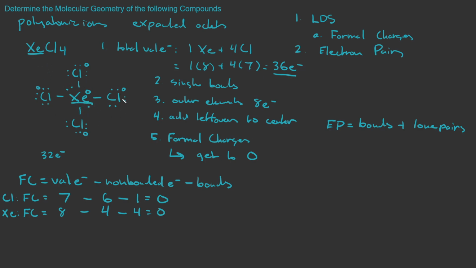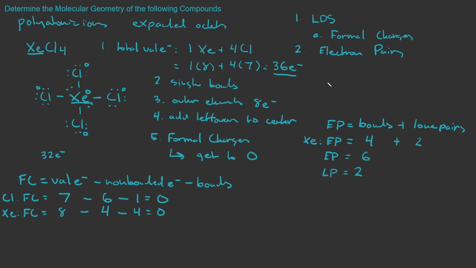We're not looking at Cl, just Xe. And so if we look at this, Xe has 1, 2, 3, 4 bonds, plus it has 1, 2 lone pairs. And so we have a total of 6 electron pairs associated to Xe. And then, like we described earlier, we have 1, 2, 3, 4 dots, which is exactly 2 lone pairs.